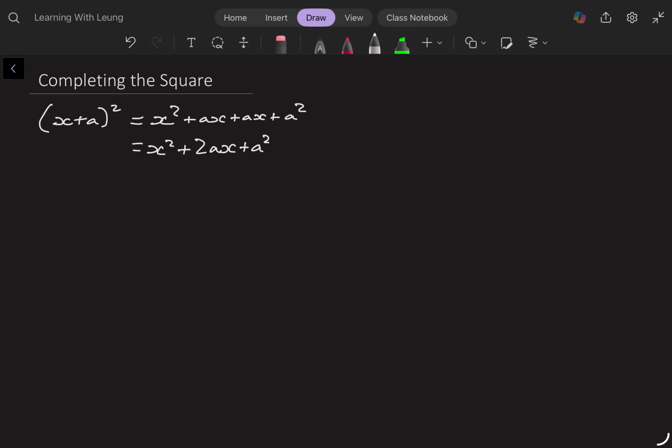And what we notice with a perfect square is two things. Firstly, we notice that a appears in two places, right? a appears in this second term here, and it appears in this third term. In the second term, a is getting multiplied by 2, and in this term, a is getting squared.